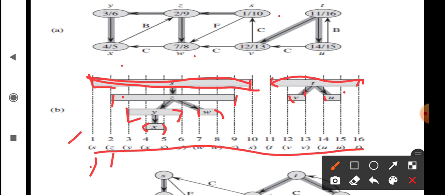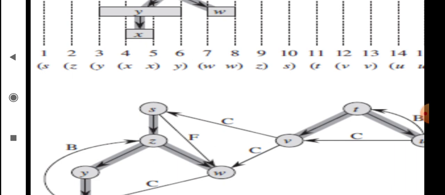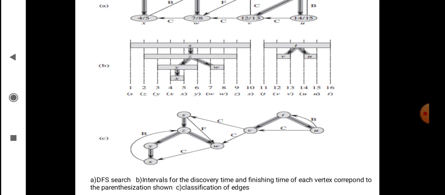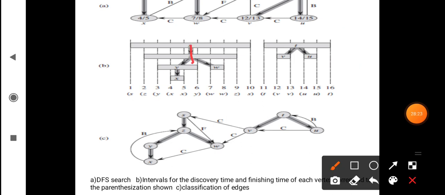According to the parenthesization diagram, based on the discovering time and finishing time, we represented this as 2 trees. And here we represented the classification of edges. All these edges are represented as tree edges.